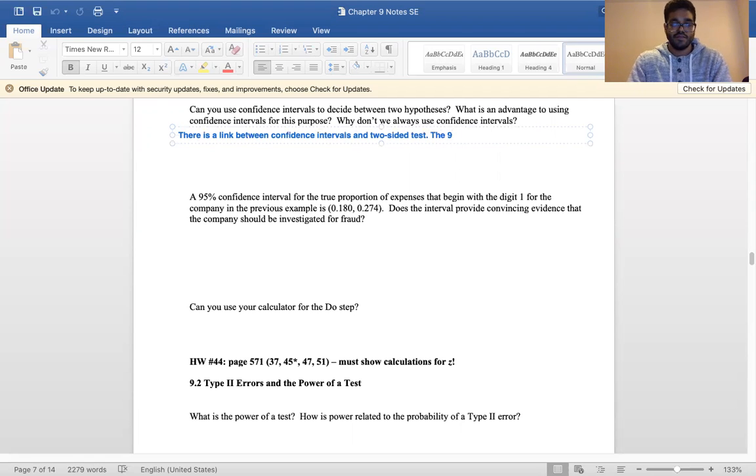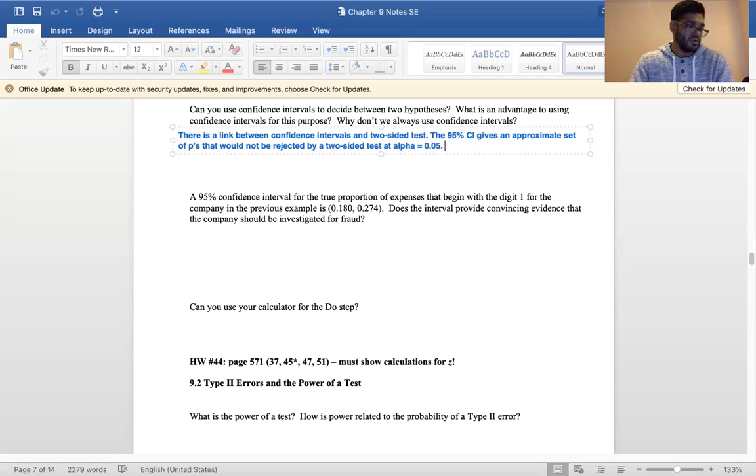The 95% CI is an approximate set of p-values, or p's, that would not be rejected by a two-sided test at alpha equals 0.05.